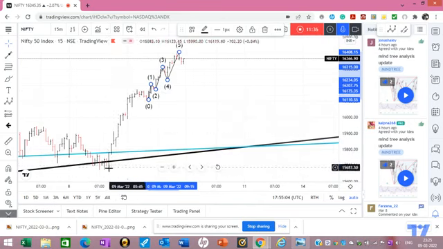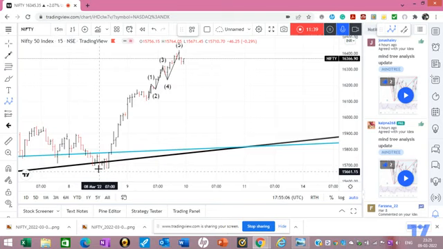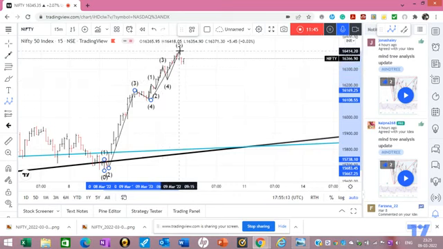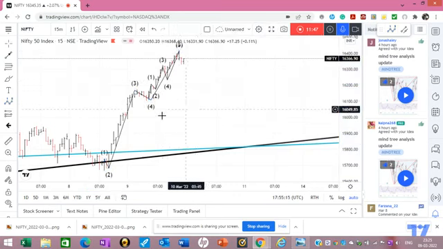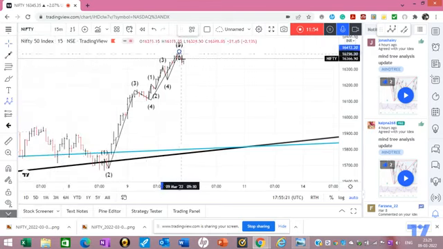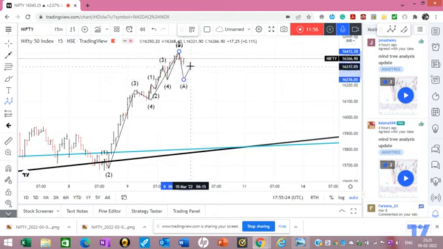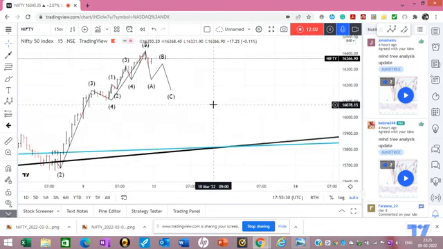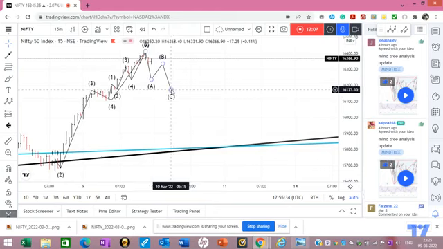And like this, 1, 2, 3, 4, and 5. So tomorrow, what we are going to see in the morning, there should be a correction. A, B, and C corrections. I'm expecting this tomorrow.